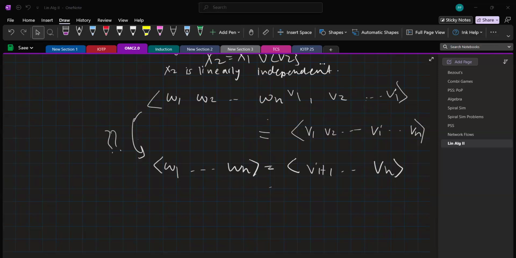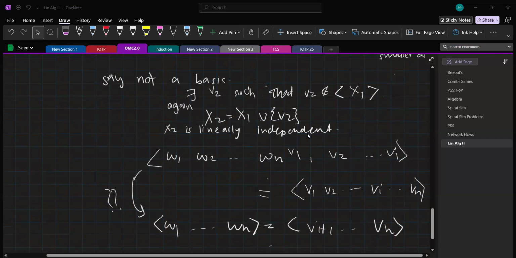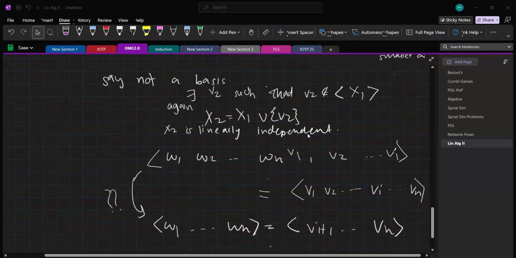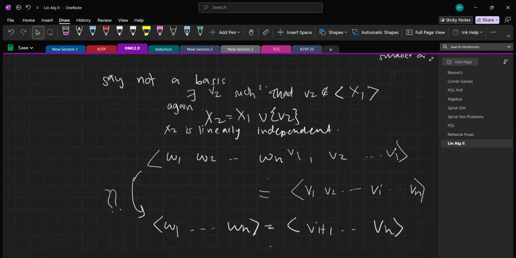I have a question. X2 is linearly independent. We know that W is linearly independent and X1 is linearly independent, but how do we know that some combination of V2 and some other combination of elements from X1 can't form another element in X1?